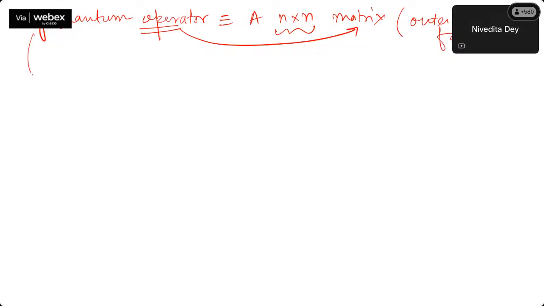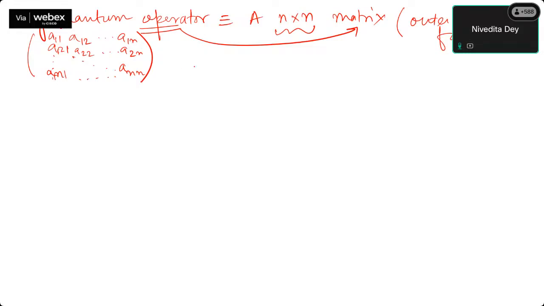So it all looks like this: A11, A12, up to A1n, A21, A22, up to A2n, and likewise Ann. This is the generic representation of a quantum operator.